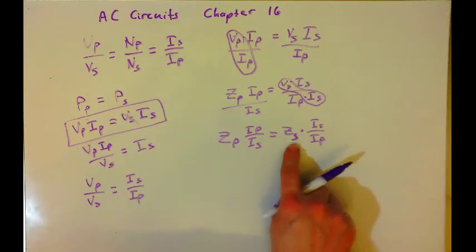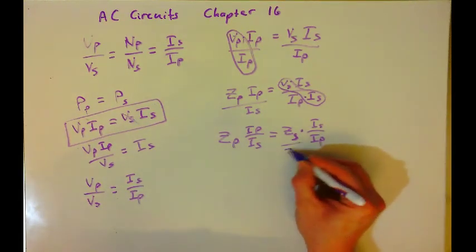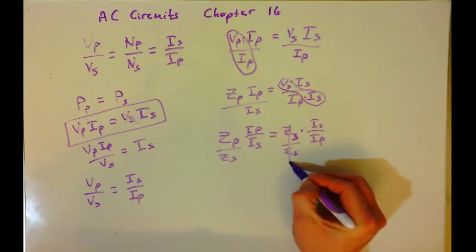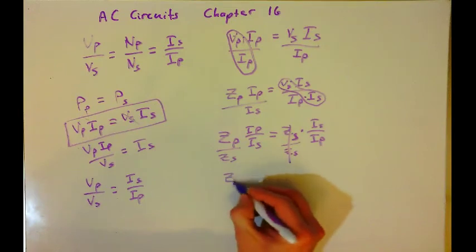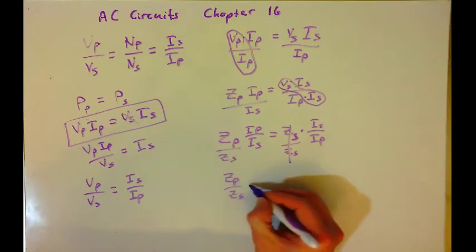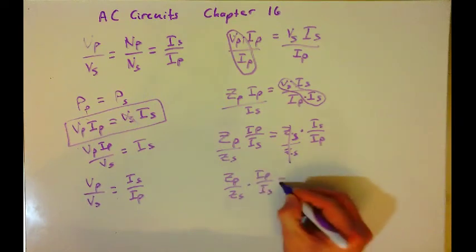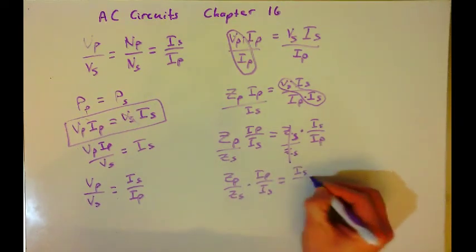And now I want to divide both sides by the secondary impedance. These will cancel. And we get Zp over Zs times Ip over Is is equal to Is over Ip.